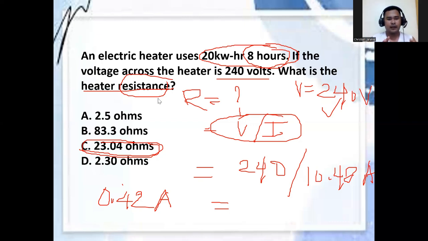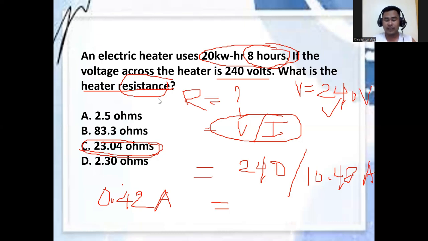So I highly recommend to use that formula if and only if all the given values are present to that formula. Okay po? Pero kapag hindi siya present on that formula, then you have to use the longer version.